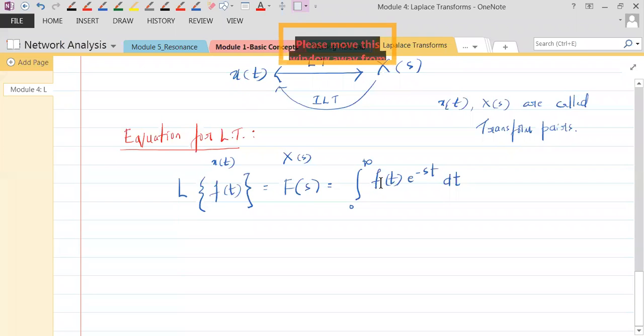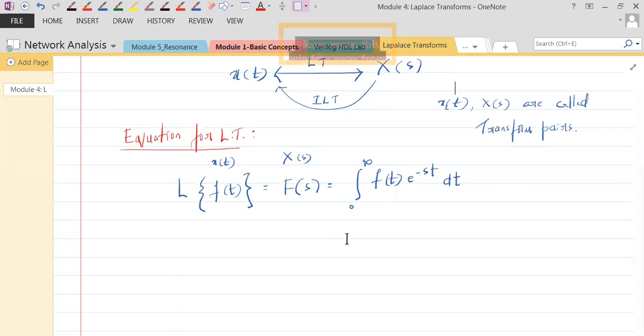F of t is the time domain signal, F of s is the frequency domain signal, or they just call it the Laplace domain. Since the frequency is not directly there, they call it the Laplace domain or s domain. Understand that? Why is it not going from minus infinity to plus infinity? If it goes from minus infinity to plus infinity, it is called a bipolar transform.